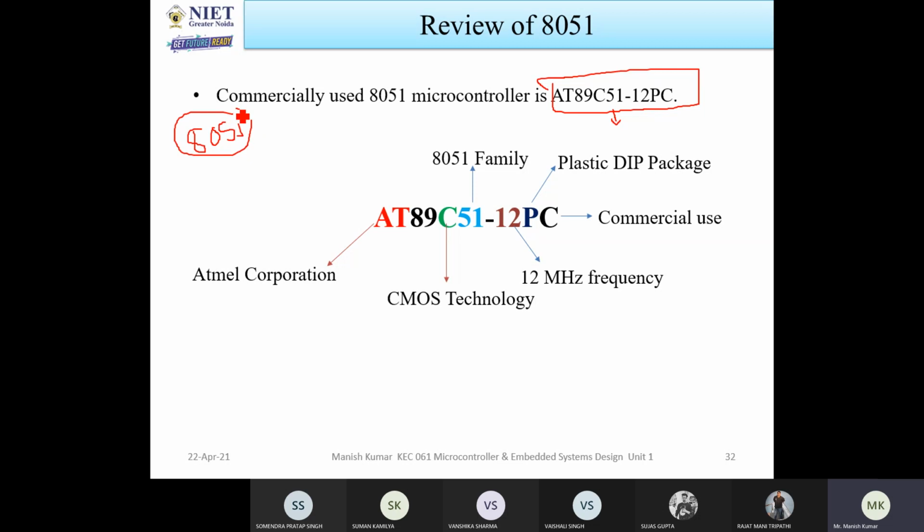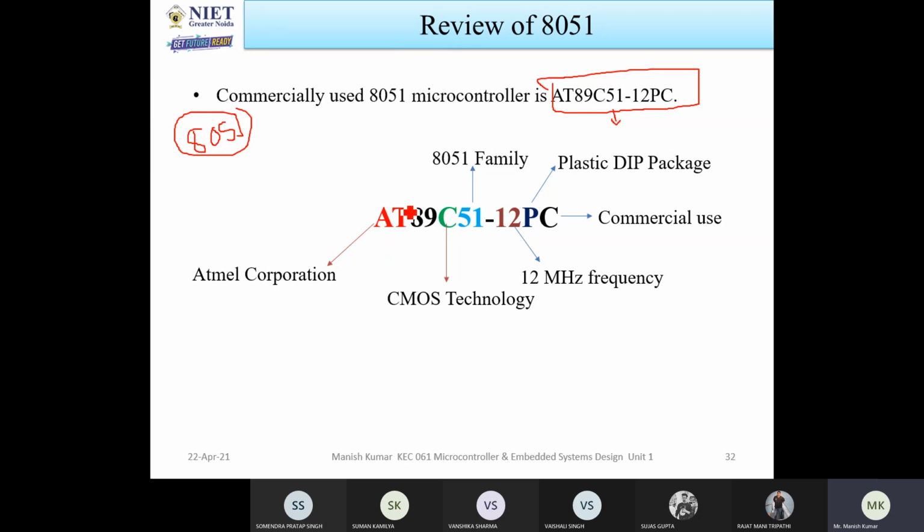With the help of the 8051 architecture, several companies manufactured several different types of microcontrollers. Generally for the 8051, the AT89C51-12PC is used. So first you have to understand the meaning of AT89C51-12PC.